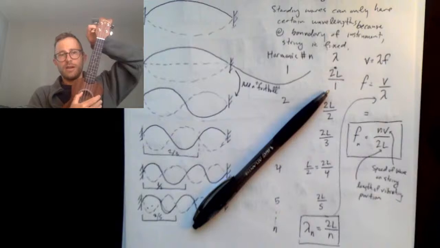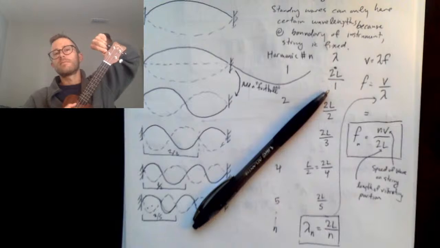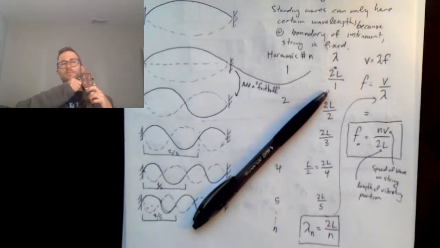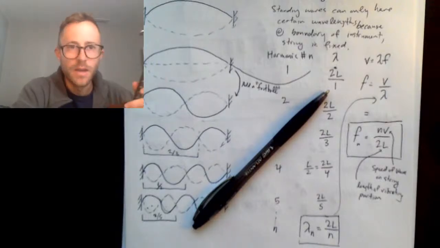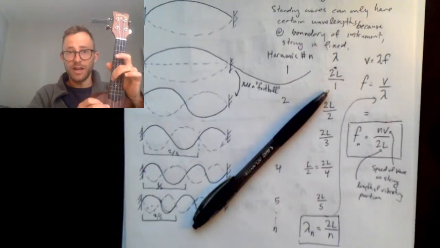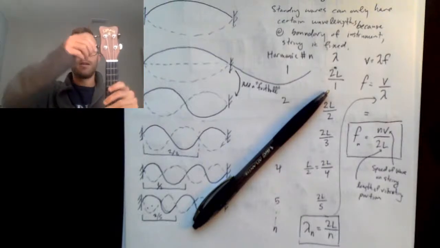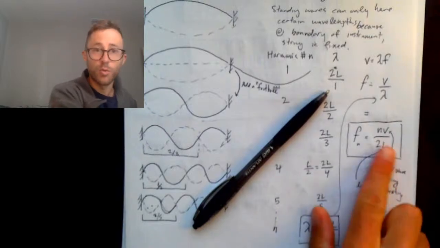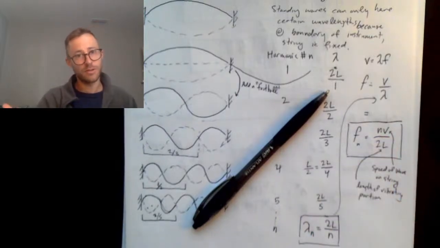And if I turn the peg, so I'm plucking the string in the exact same way every time, but because I'm changing the tension in the string, I'm adjusting the wave speed, which changes the frequency that it plays.